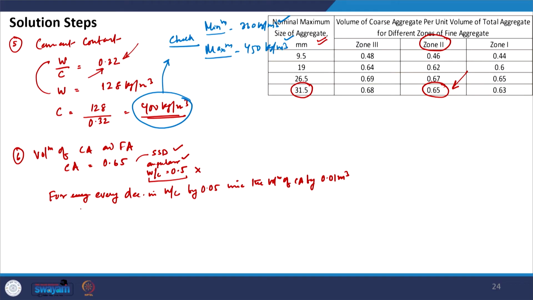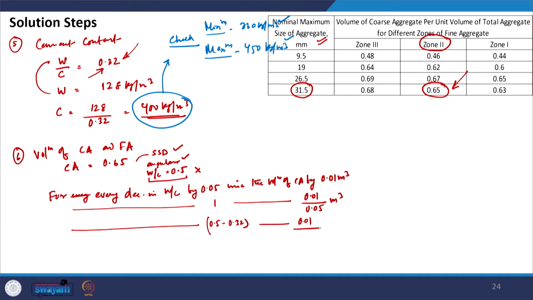So, it is very straightforward. Now, for every decrease in water cement ratio of 1, you have to increase by 0.01 divided by 0.05 meter cube. For every decrease in water cement ratio, in our case it is 0.5 minus 0.32, you have to do 0.01 by 0.05 into 0.5 minus 0.32.